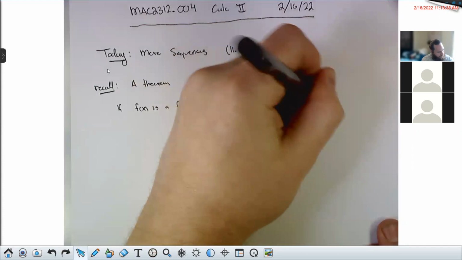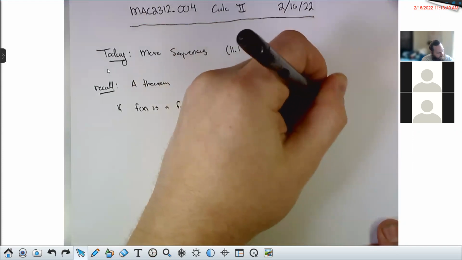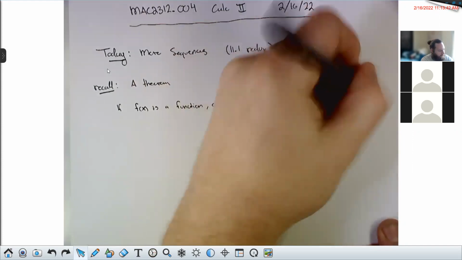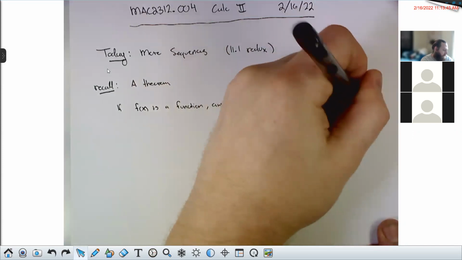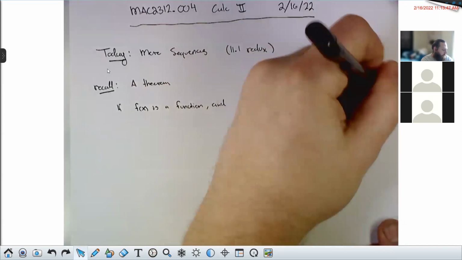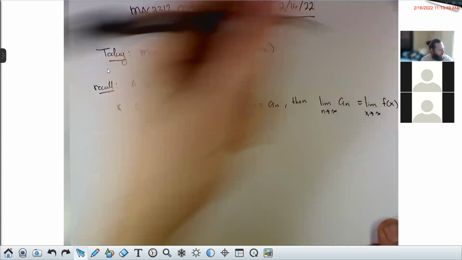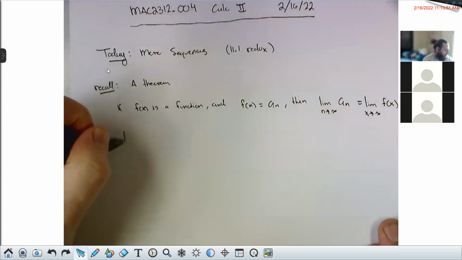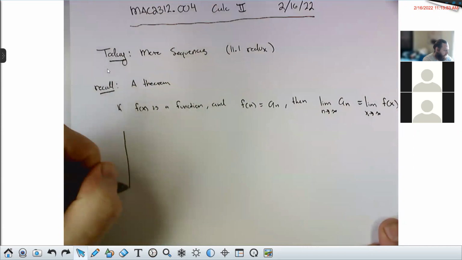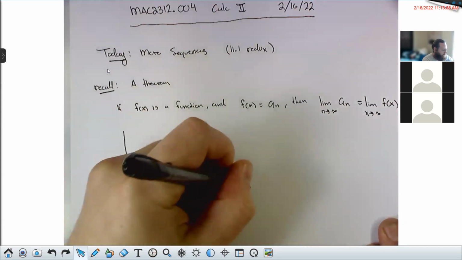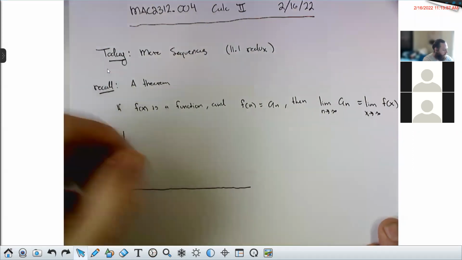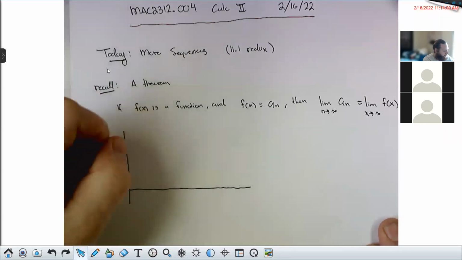Then the limit as n goes to infinity of your sequence is the same as the limit as x goes to infinity of your function. There's a picture that goes with this. So let's do it like this.